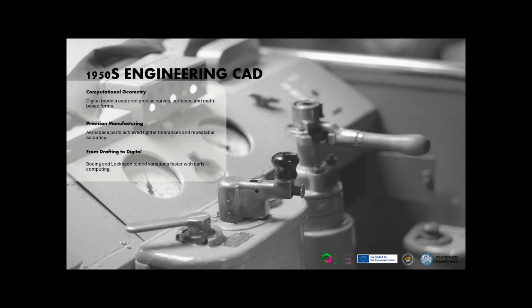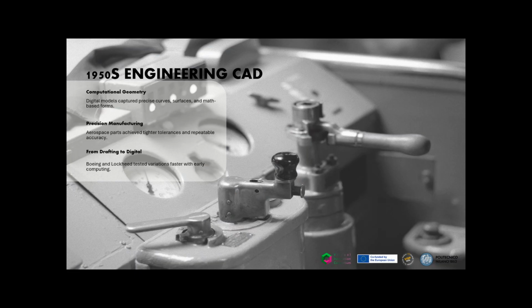The 1950s marked the emergence of engineering CAD, a foundational area in which digital modeling first entered engineering, aerospace, and defense industries. In this early stage, the model functioned primarily as a mathematical geometry, serving as a precise digital description of physical forms.